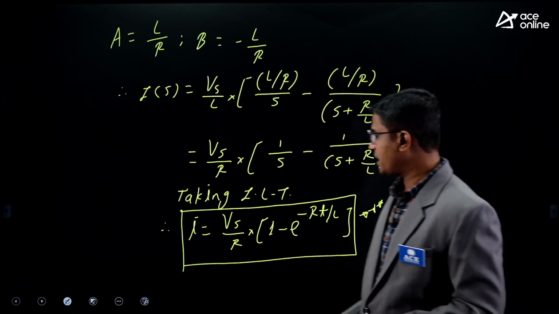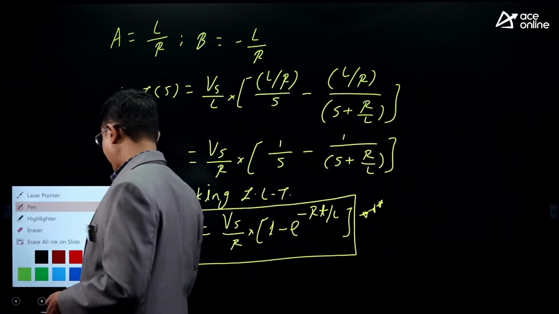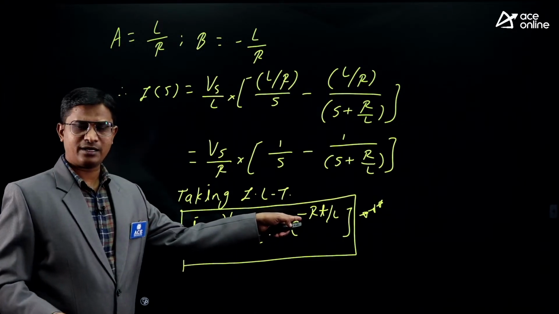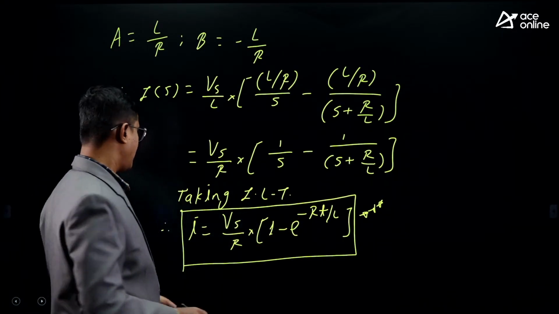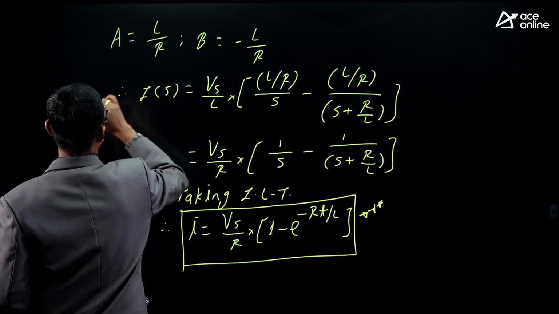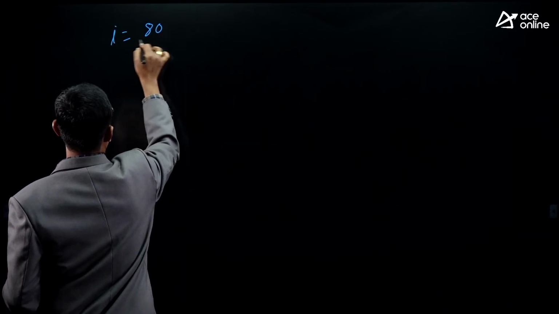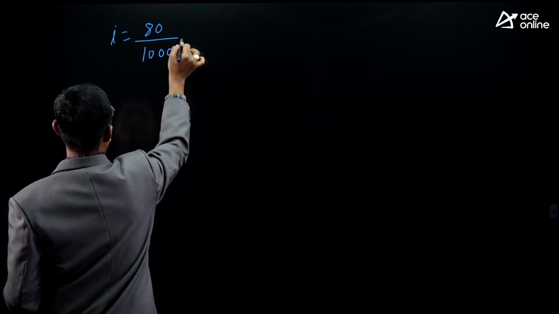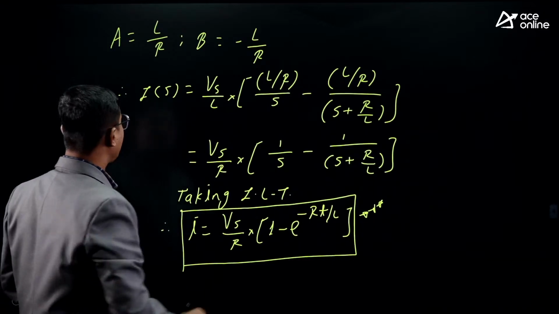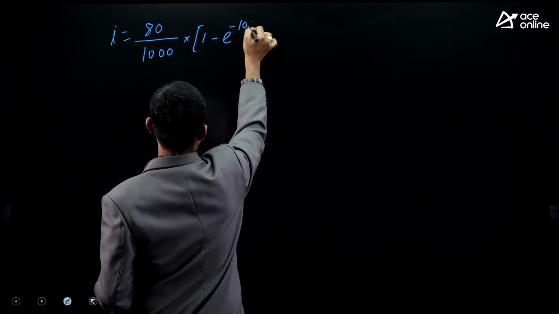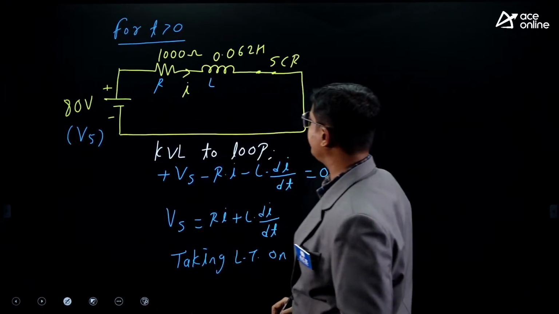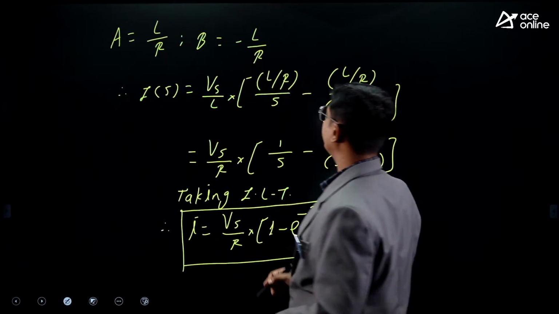Now this is my current expression in a circuit. Here, let me put the Vs, R and L values. Now I can get I equal to Vs is 80 upon R is 1000 into 1 minus e to the power minus RT by L, minus 1000 into T upon L is 0.062.